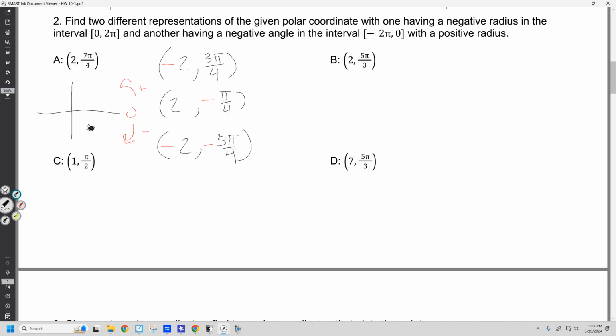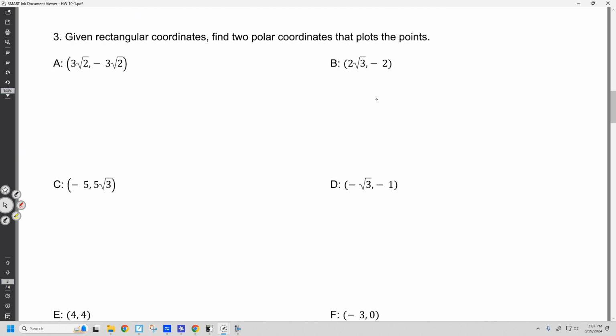If we're comfortable with positive, negative, going around the circle, going halfway around the circle, this is no big deal. So let's move on. New stuff. Okay, go to your notes.